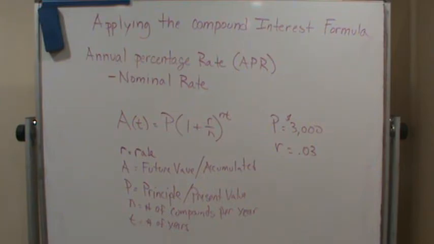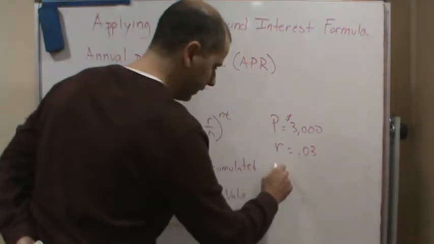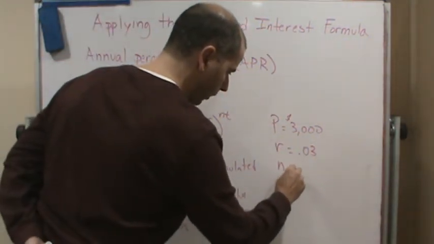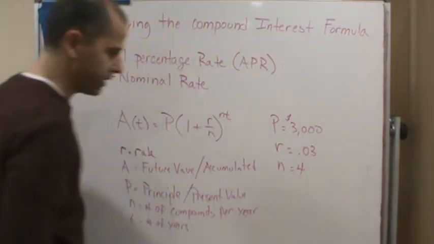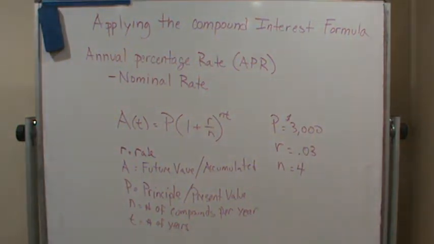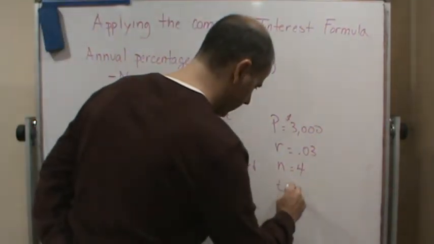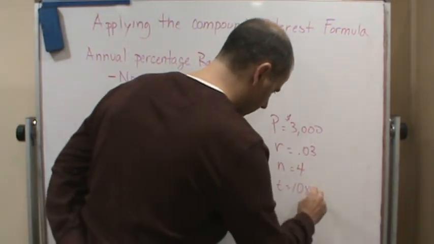And then it says it's compounded quarterly. Well, how many quarters are in a year? 4. So it's going to compound 4 times a year. N is equal to 4. And T is 10 years. So we're going to let it ride for 10 years.